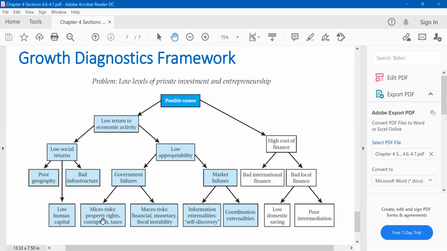Okay, then you can extend, for instance, these micro risks by government: why property rights are not protected well, why the politicians are corrupt, and why taxes are very high. Okay, so you can extend these things.